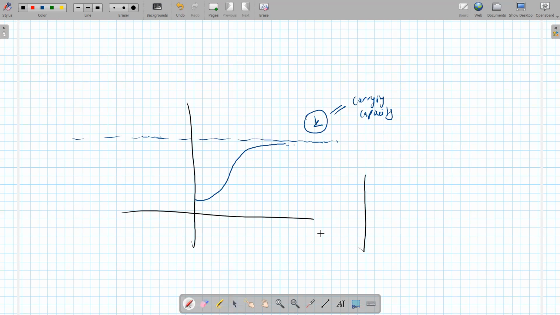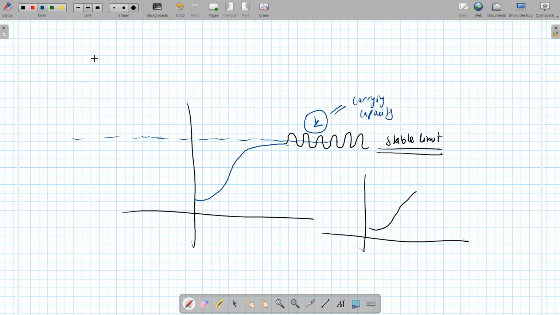One of them is that it crosses it and comes right back down, and this happens over and over again. This is called a stable limit. It goes up and down and crosses. Or you could have something like this: it goes all the way up there, comes down here, and then goes all the way up again, like this.